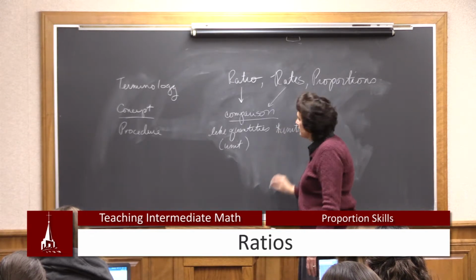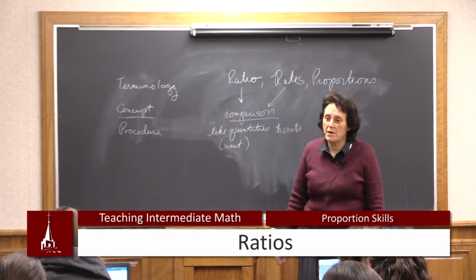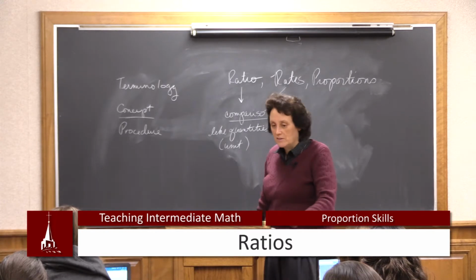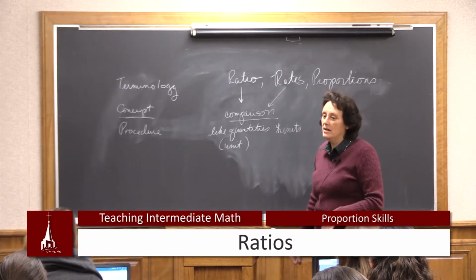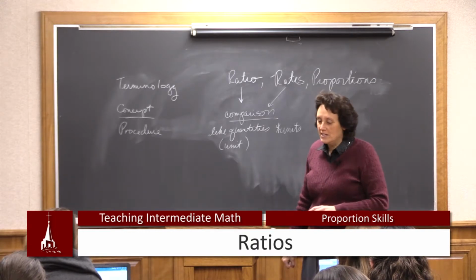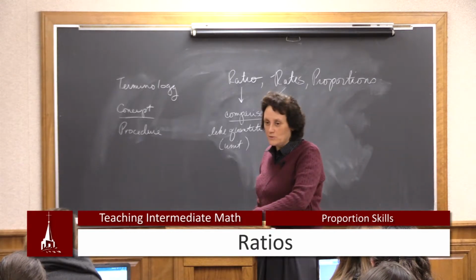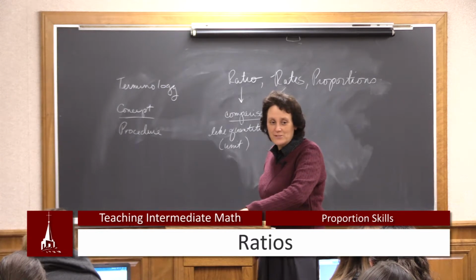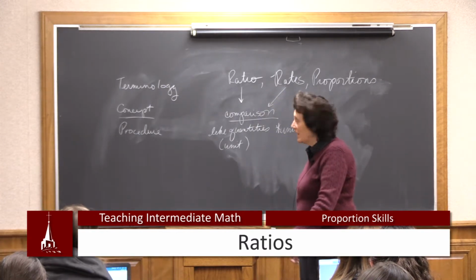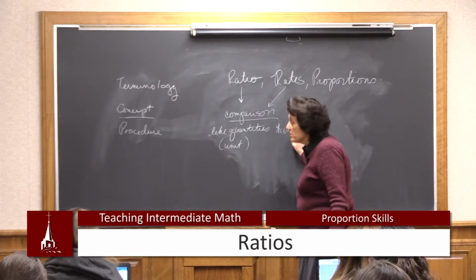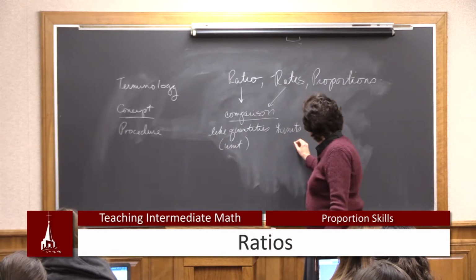A typical rate, probably the most well-known rate, is miles per hour. And then once you start getting your own car and buying your own gas, you start being concerned with miles per gallon. Okay, so this is a comparison between two unlike units.